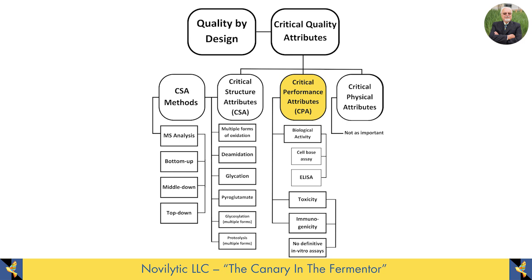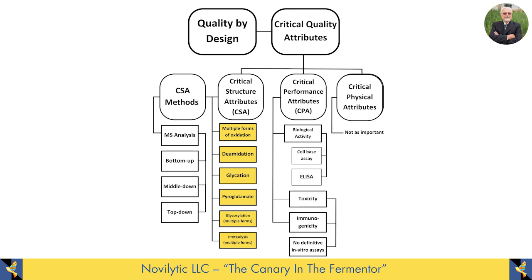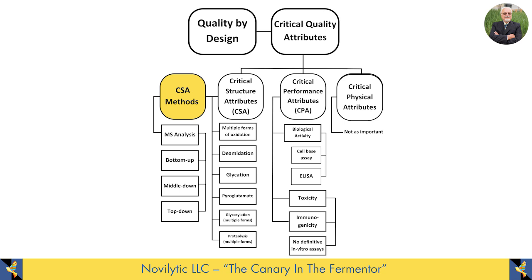The FDA thinks one of the ways you should determine that is by demonstrating that you have the right critical structure attributes, for example oxidation, deamidation, various things that can be modified in the molecule. These are the methods by which you do that, and it's done primarily today by mass spectrometry.